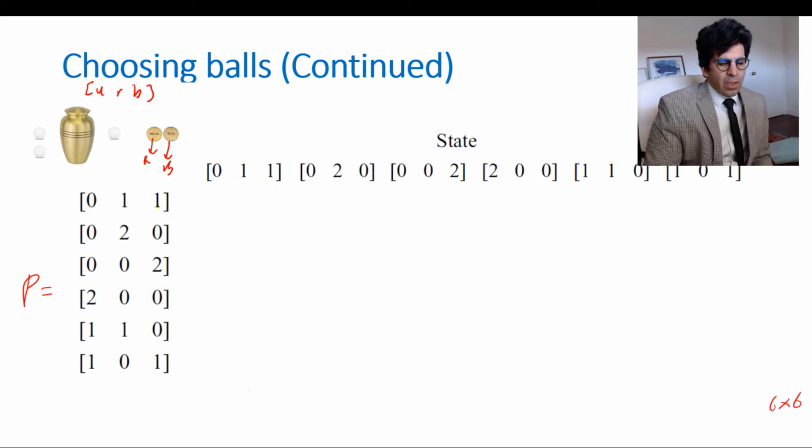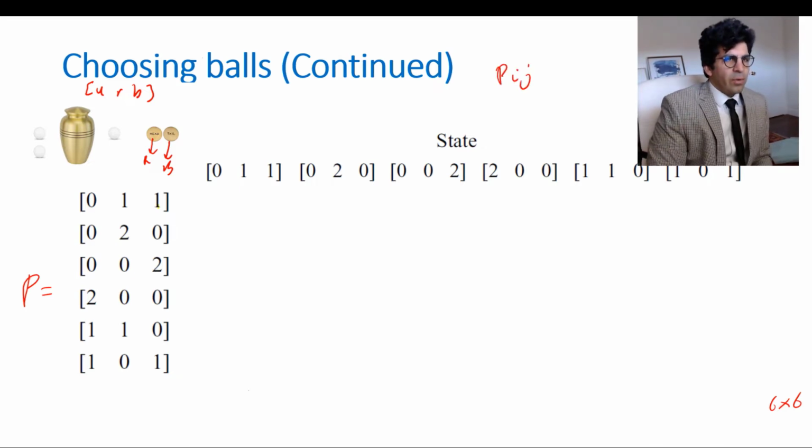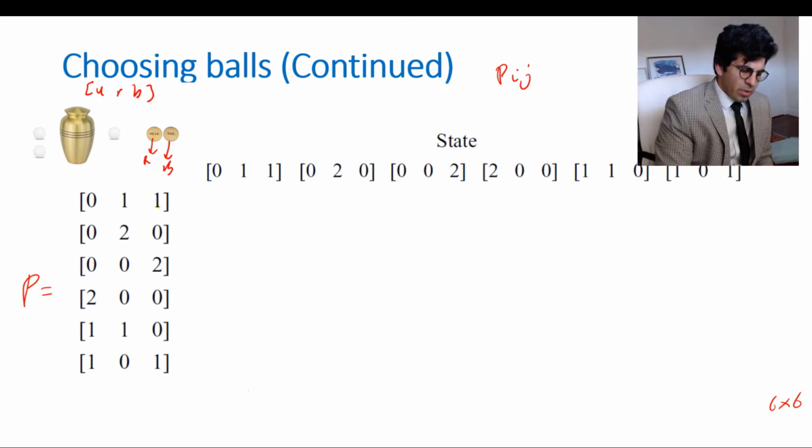Now I'm trying to find the probability of each one of these PIJs basically. PIJ is the probability of going from a state I to a state J. For example, 1, 2, 3, 4, 5, 6. 1, 2, 3, 4, 5, 6.